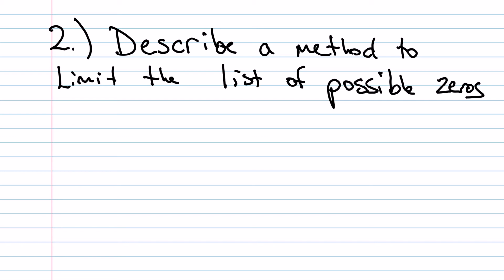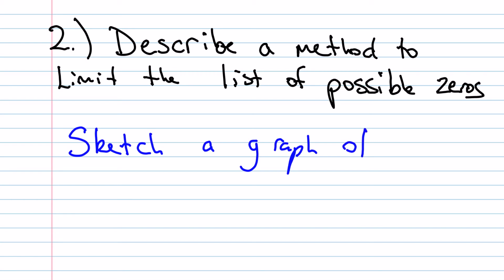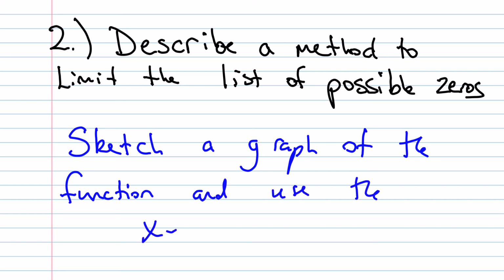Let's talk about when you find your p's and your q's. And really the best way to do it is to sketch a graph of the function and use the x-intercepts. That's it.